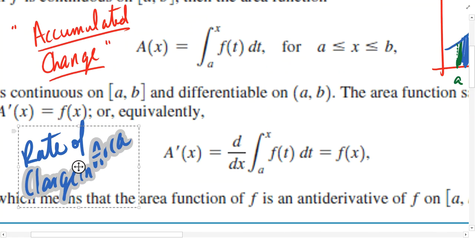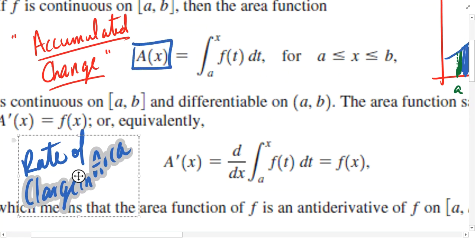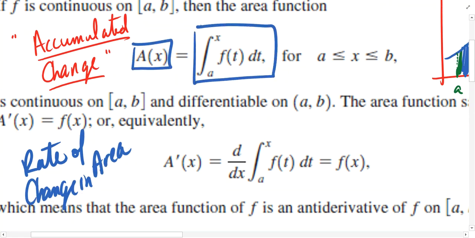If our area function, A of x, is defined as the integral from some fixed starting point a, to some variable x, of another function describing the height of the graph, then when we take the derivative of that area function, we're simply asking you to find the derivative relative to x of this integral.